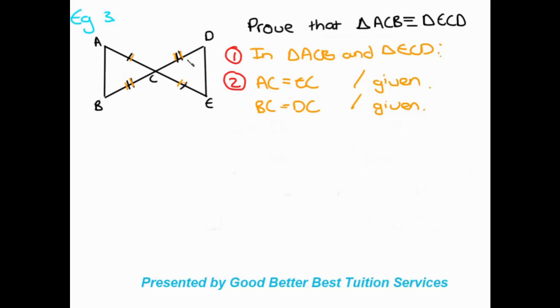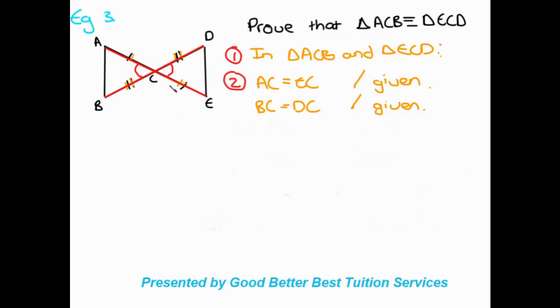If I can just highlight it for you guys, we have this x over here, right? And because we have this x, we know that these two angles over here are going to be equal. And why is that?